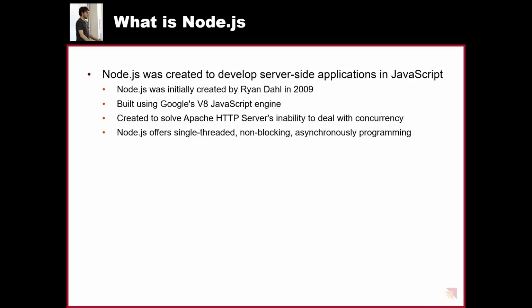Now, what Node.js really is, it's an execution environment, and it's based on a JavaScript engine that was made by Google, which is known as the V8 engine. So Ryan was experimenting by taking JavaScript code and executing it to basically create a server-side application, and he came up with this ingenious idea that with a single thread, you could basically make an off-host call to something like SQL Server, but yet not block the thread.